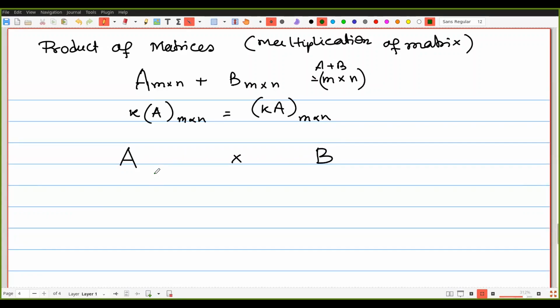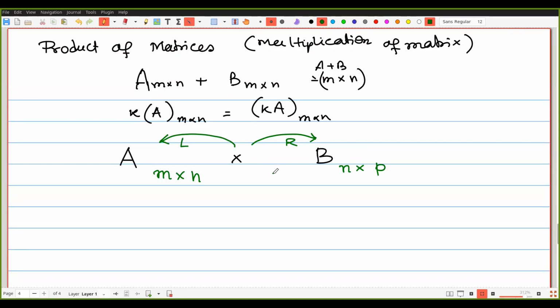For matrix multiplication, whichever matrix is on the left hand side of the multiplication operation and whichever is on the right hand side are very much important. Suppose one is m cross n and the other is m cross p. Both are of different order.